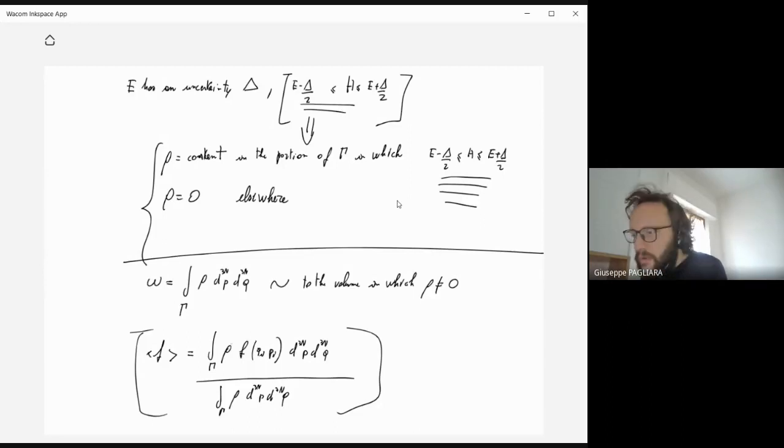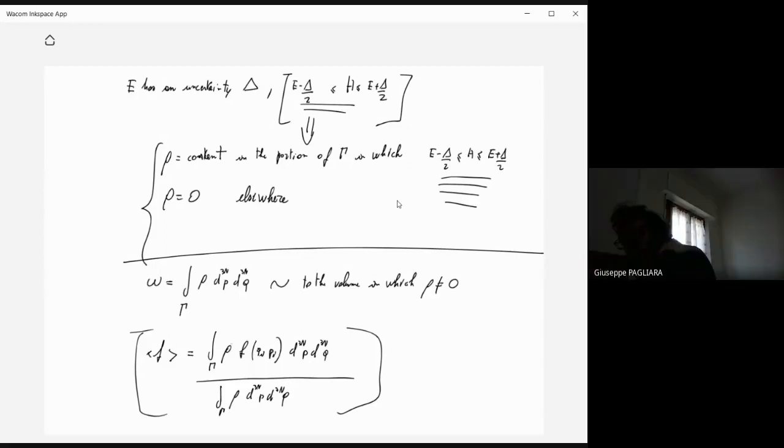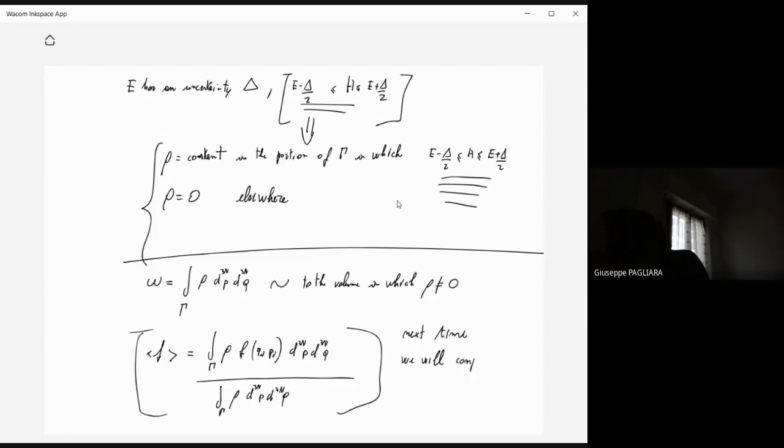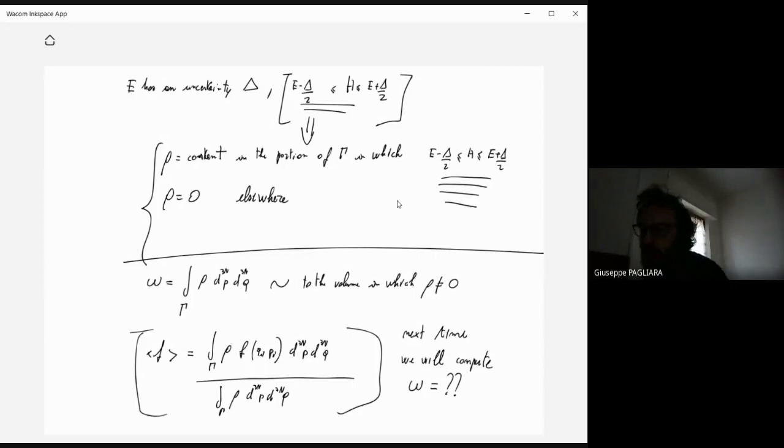Now I will close for today. The next time what we will do is basically to compute the volume of phase space in which rho is different from 0. So the next time we will compute this omega, which corresponds, apart from a proportionality factor, to the volume of phase space occupied by the microcanonical ensemble.